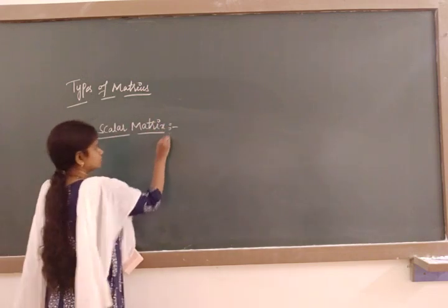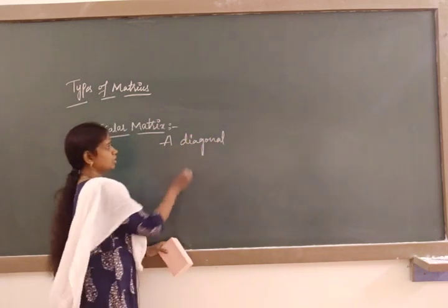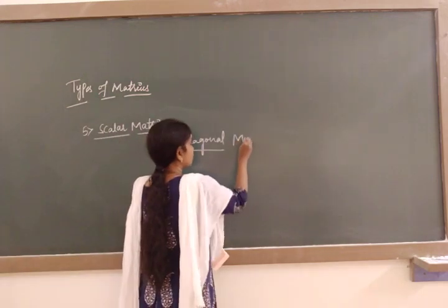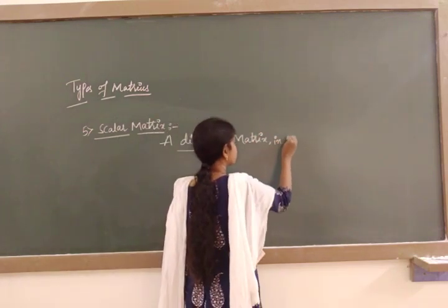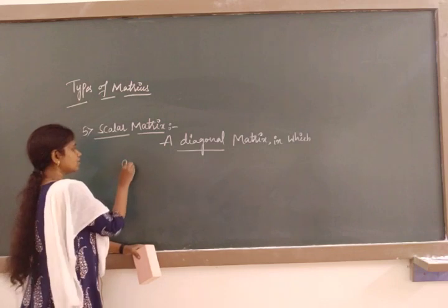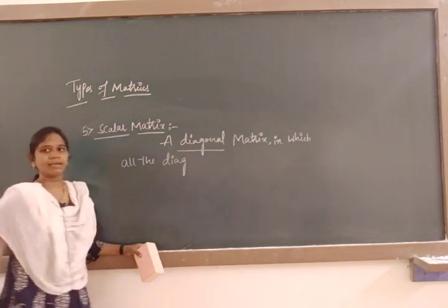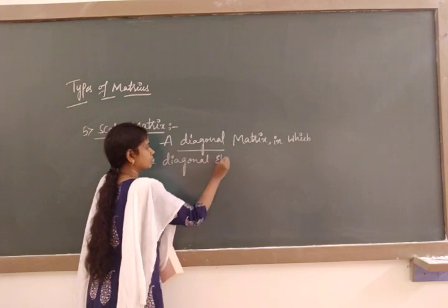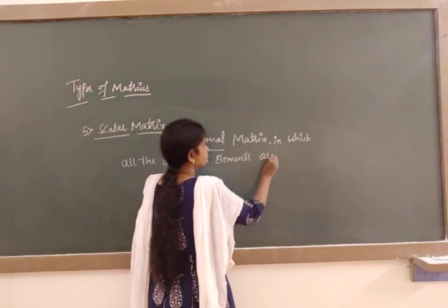A diagonal matrix, you can also call it a square matrix, but you can take it specially as a diagonal matrix, because we know about diagonal matrices. A diagonal matrix in which all the diagonal elements are same.